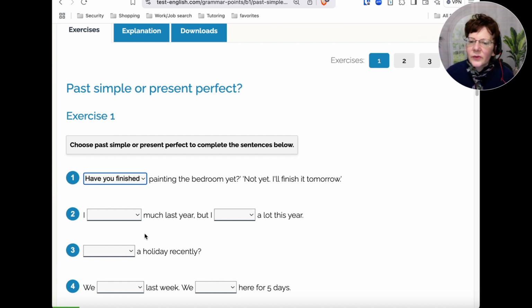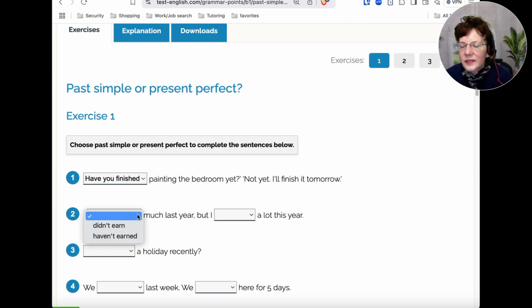Okay, number two. Okay, so I didn't earn or haven't earned much last year. Right, so because we have a time expression, last year, what do we use? Okay, so that would be didn't earn, the first one. Yes. Okay, but I a lot this year.